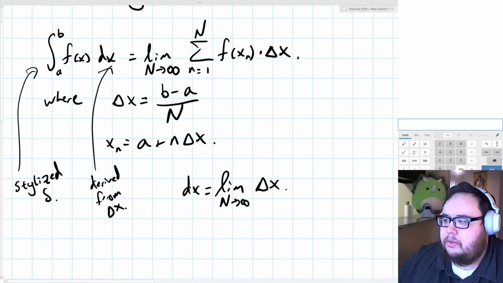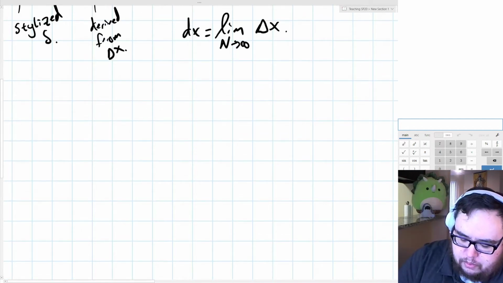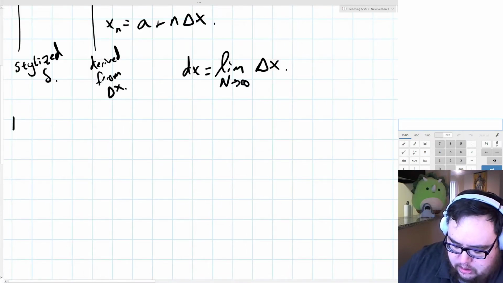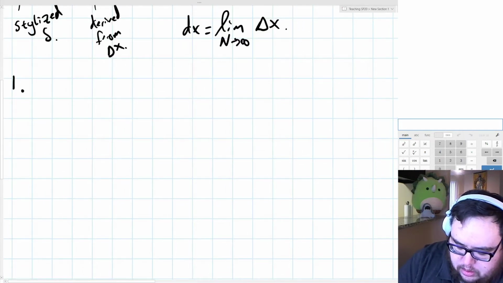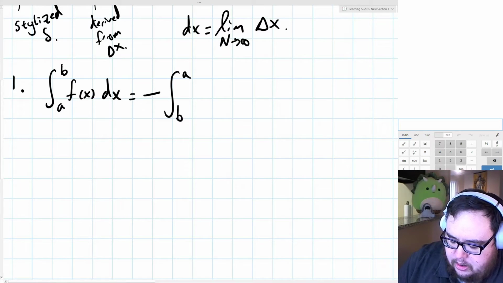So we have a handful of pretty nice properties for definite integrals that are good to know. So property number 1. The integral from a to b of f of x dx is equal to negative the integral from b to a of f of x dx.